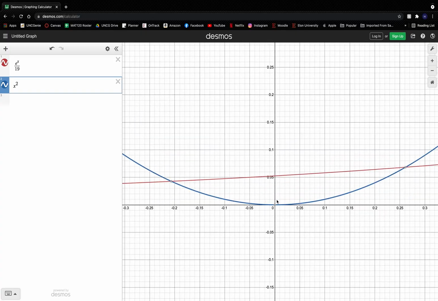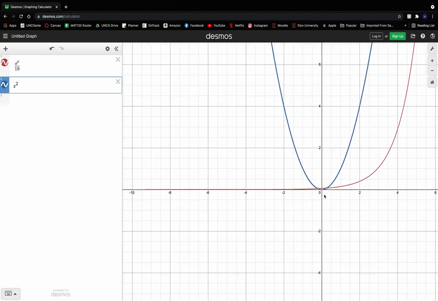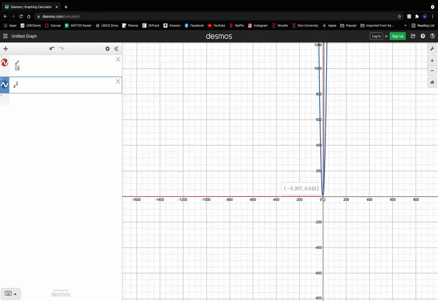So one of them is here at negative 0.2069 and 0.0428. And then the other intersection point is 0.2615, and the y is 0.0684. Okay, so those are your 3 areas of intersection, because you can zoom out really far, and those are the only 3 places where they cross.